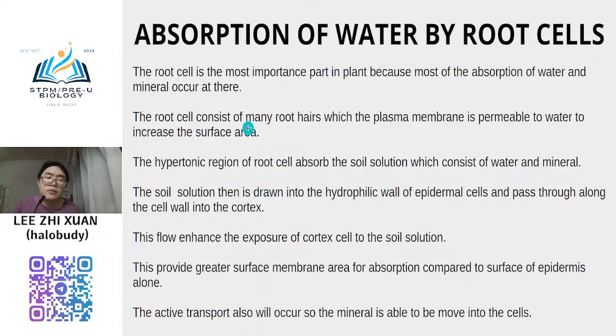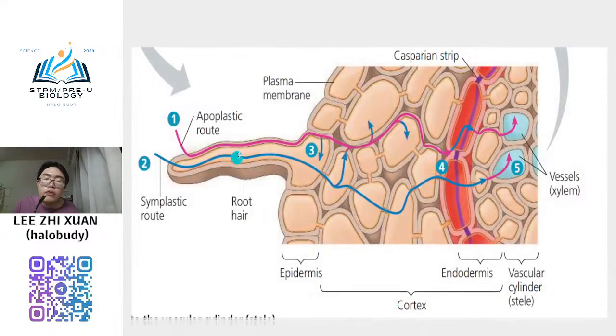Okay. And then normally our root cell is a hypertonic region. Why? Because water and mineral ions are transported through osmosis and simple diffusion or facilitated diffusion, right? This process is mainly down the concentration gradient.